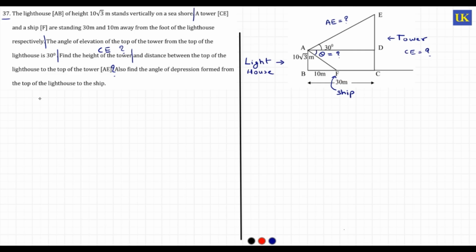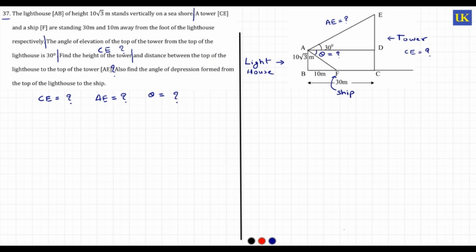So they are asking us to find CE, then AE, and also theta. These three things we have to find in this question.